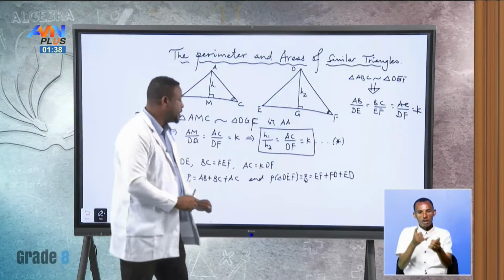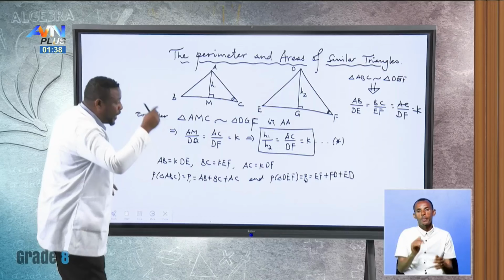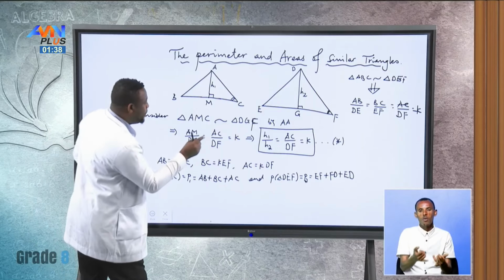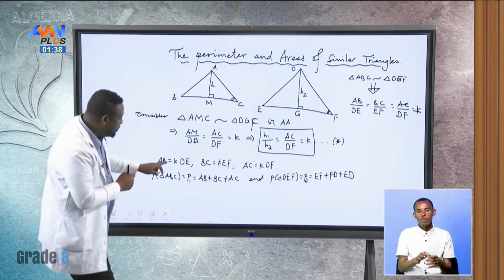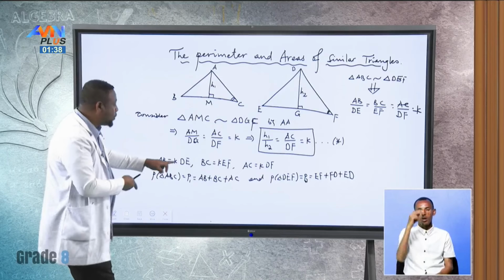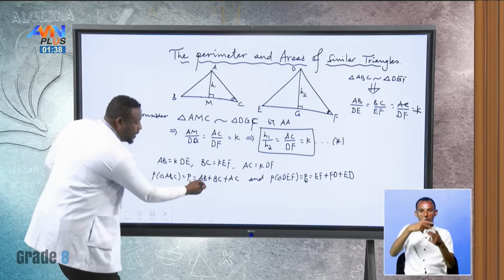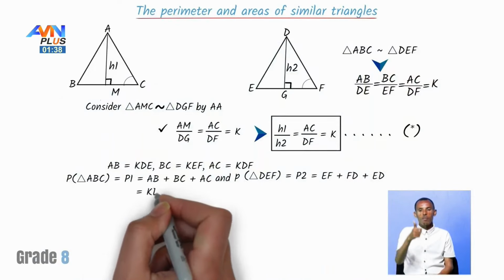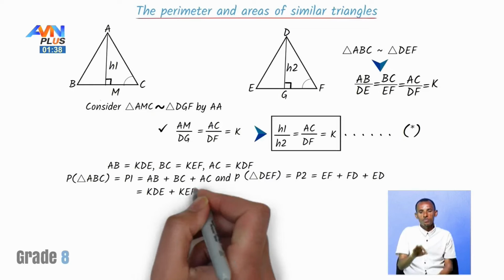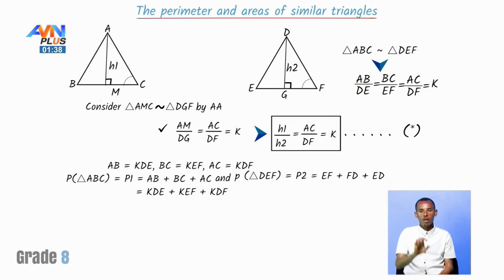It doesn't matter. So now in place of AB, I need you to substitute K times DE. Here in place of AB, you can substitute K times DE, plus in place of BC, you can substitute K times EF. And the third one, AC, is K times DF.